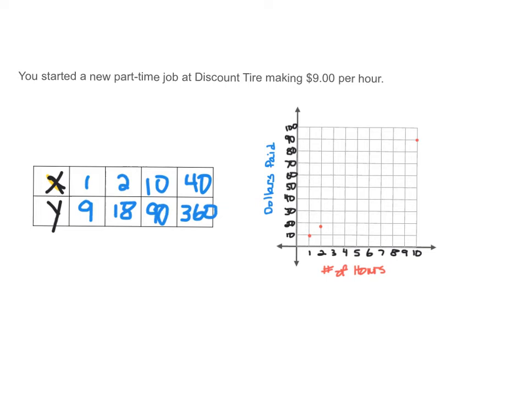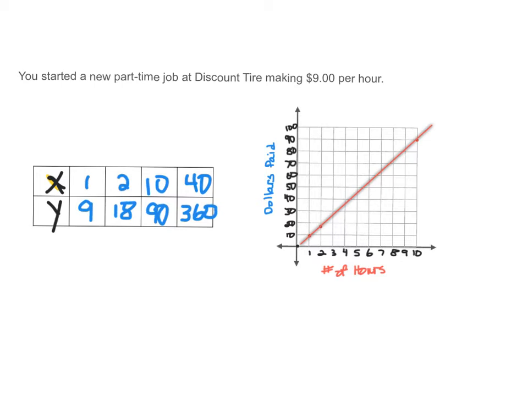But what I do want you to see here is that with this direct variation, the graph would look something like this. And I didn't necessarily do a very good job of drawing that, but I want you to realize that it always goes through the origin.